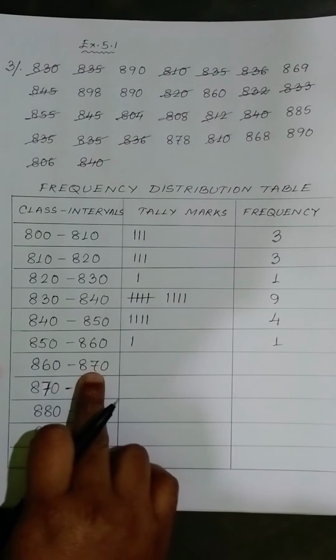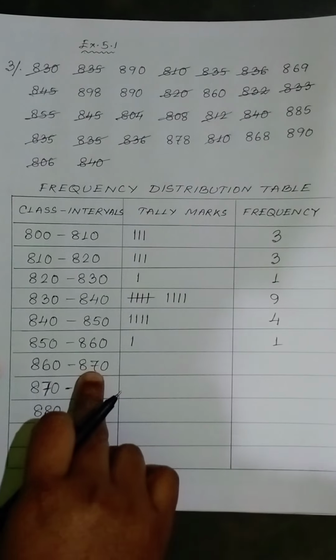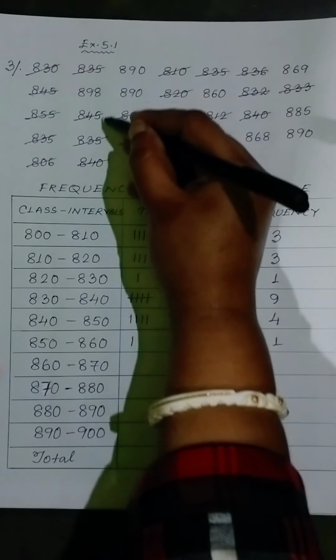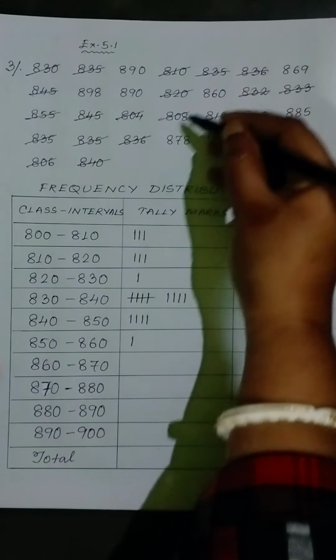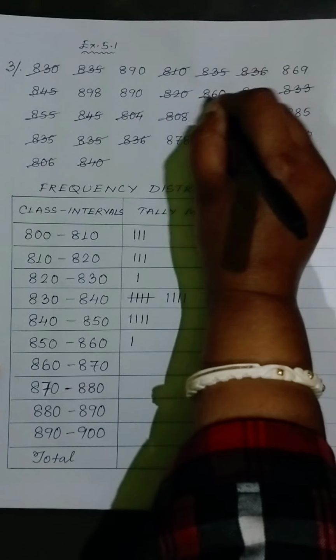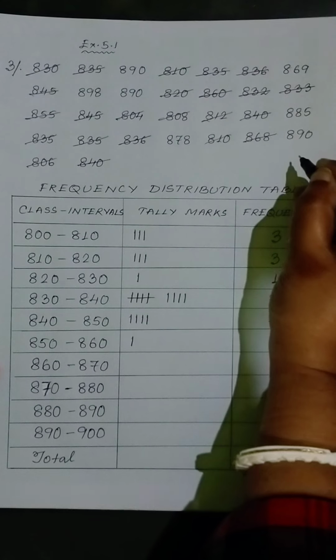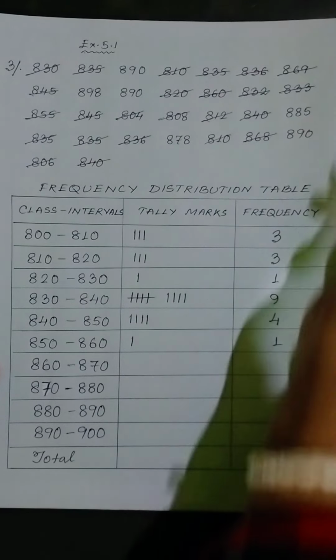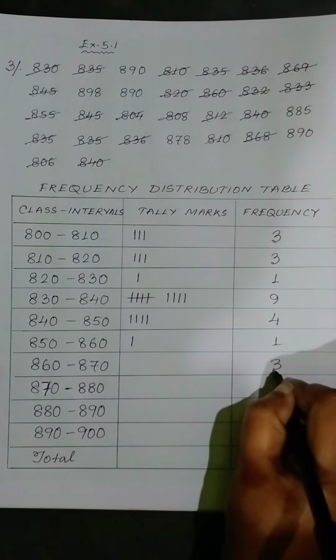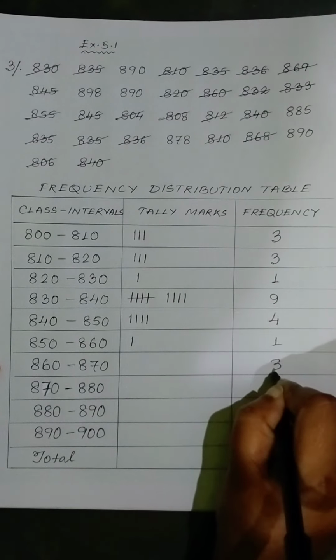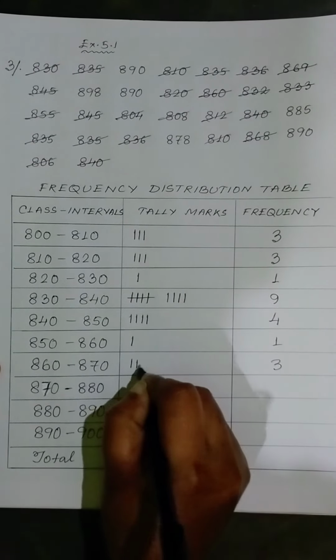Class size is 10. So 860 to 869. 1, 2, 3 values. Isn't it? 3 values. So 1, 2, 3.